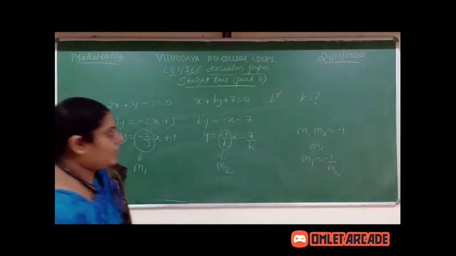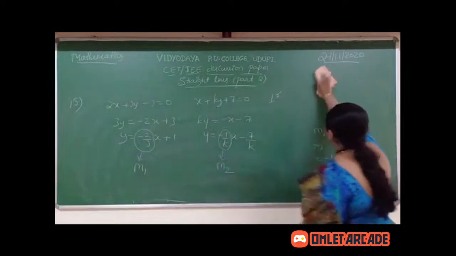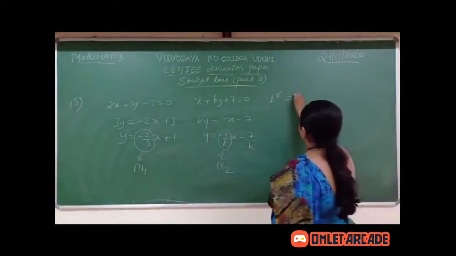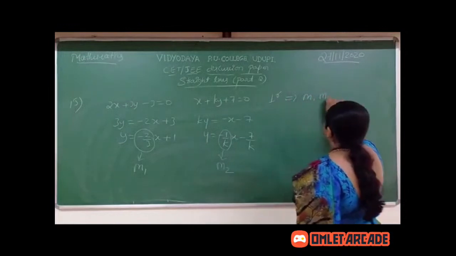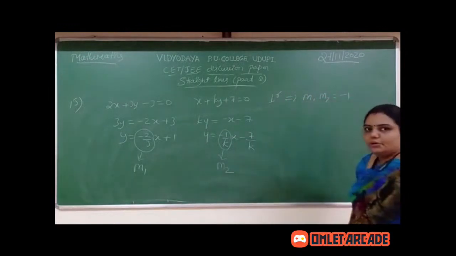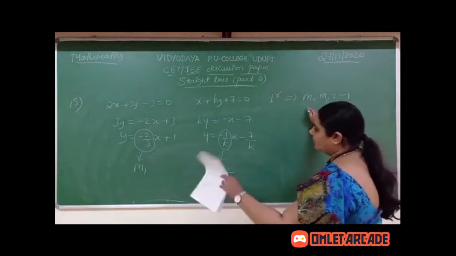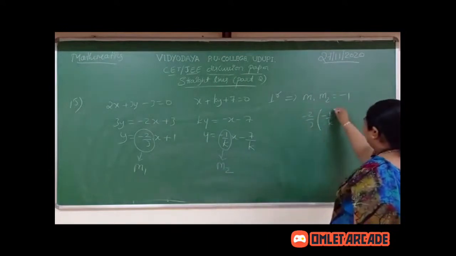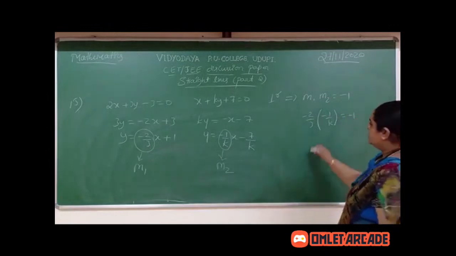We have m1, m2. Now I am trying to find the k value by using the condition of perpendicularity. Since they are perpendicular, students, let me use the condition m1 m2 is equal to minus 1. What is m1 we have? m1 is minus 2 by 3. m2 we have minus 1 by k, is equal to minus 1.